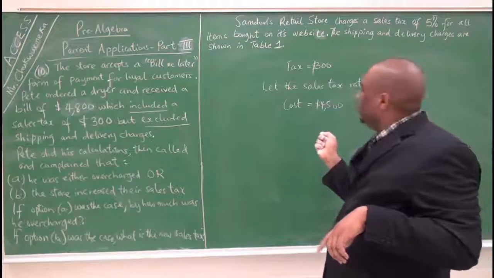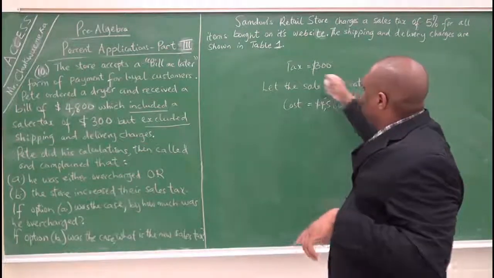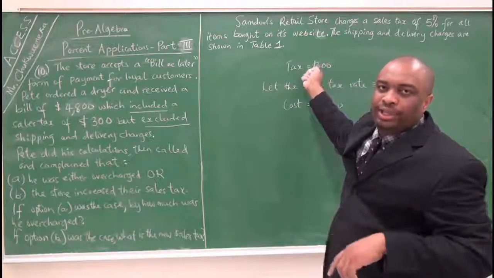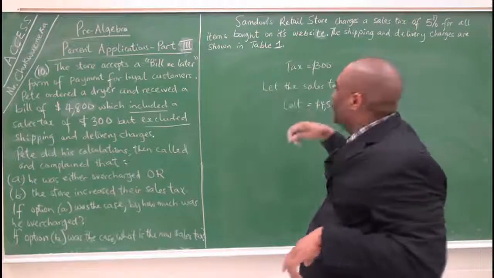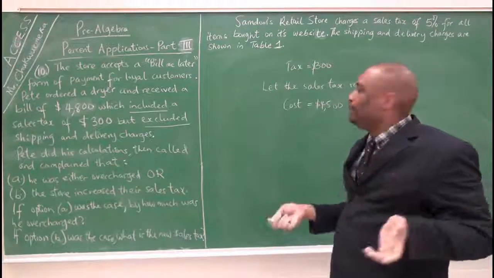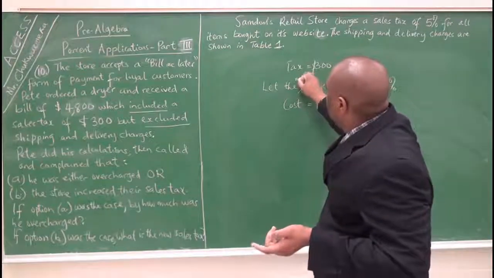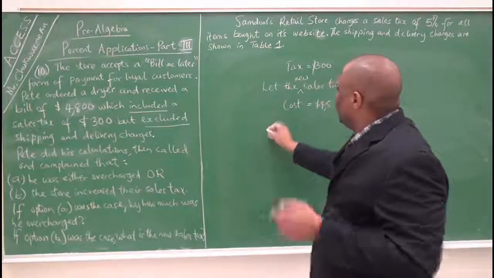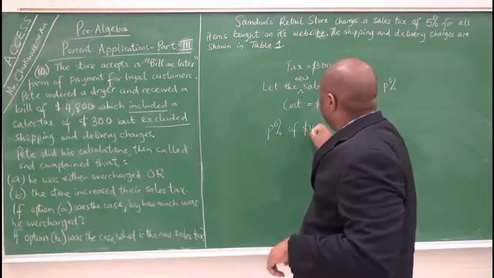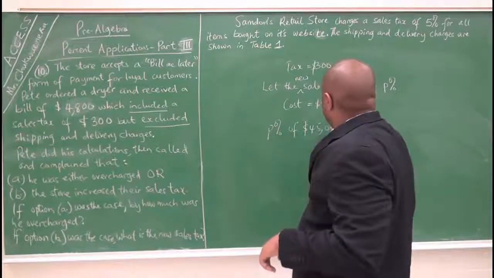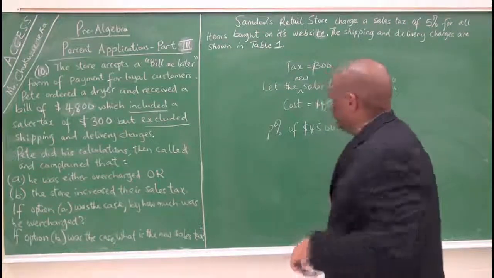Do you understand what I'm saying? If they told him that 300 is the actual amount after they increased their tax rate, then that means their new tax rate is P. Let the new sales tax rate be P%. So P% of the $4,500 should give 300. That is what it means.